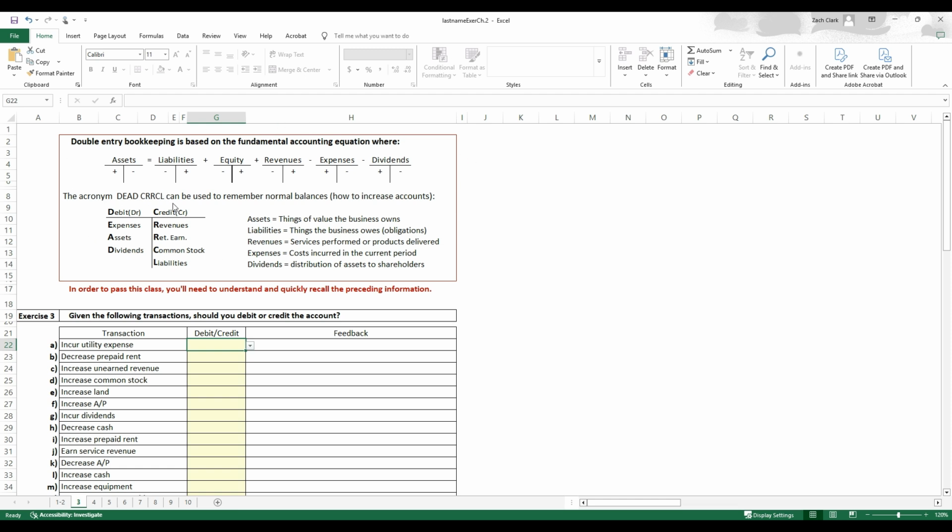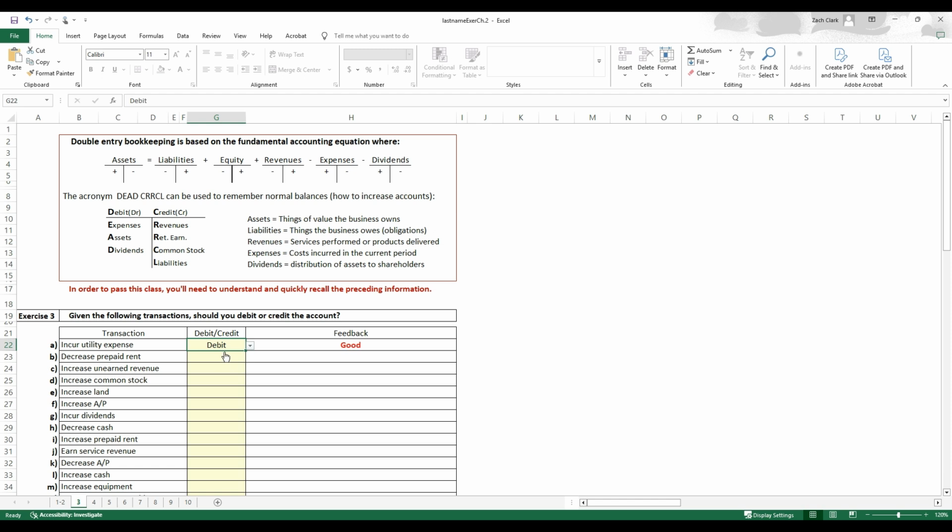You can use this acronym DEAD CLIC to understand which side, the left or right side of a T account here, is the increase and decrease, and whether a debit or credit. And so for something like an expense, we can see the expense is on the left side, debit's on the left, credit's on the right.